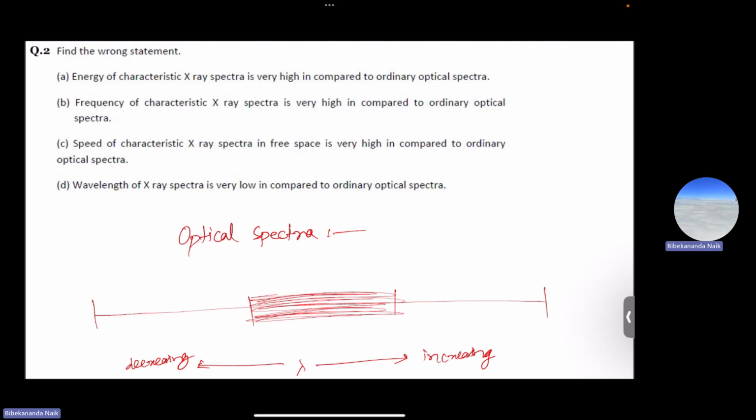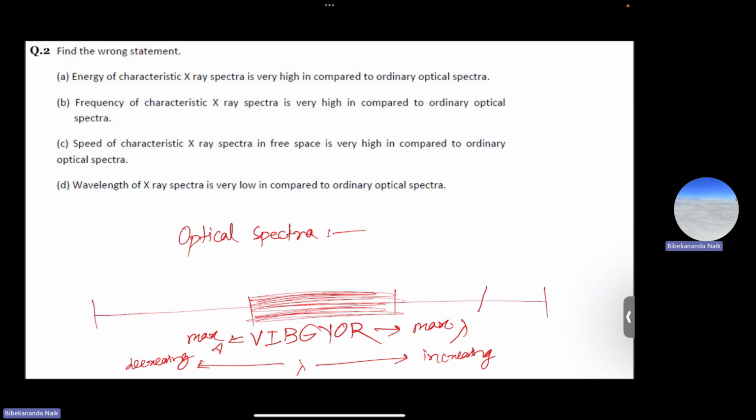With increasing lambda, the lowest wavelength will be of violet, then indigo, blue, green, yellow, orange, red, like this. So red has maximum wavelength, and violet has maximum frequency. This is maximum lambda, this is maximum nu. So this is the optical spectra.